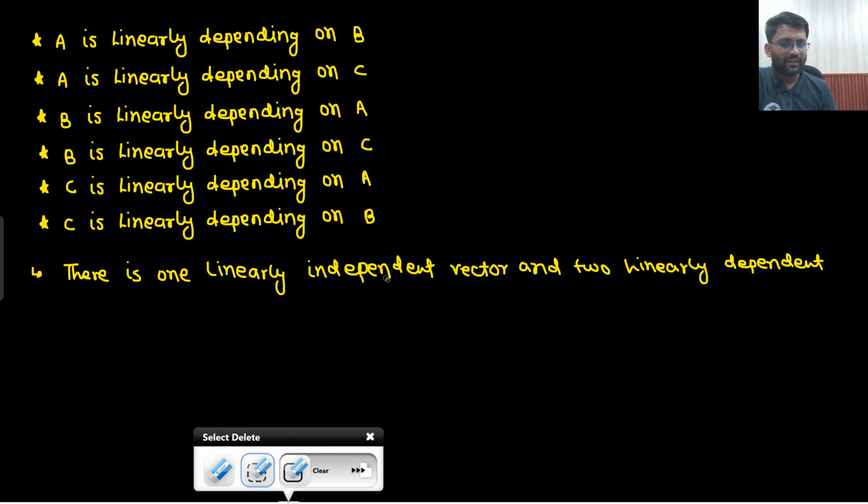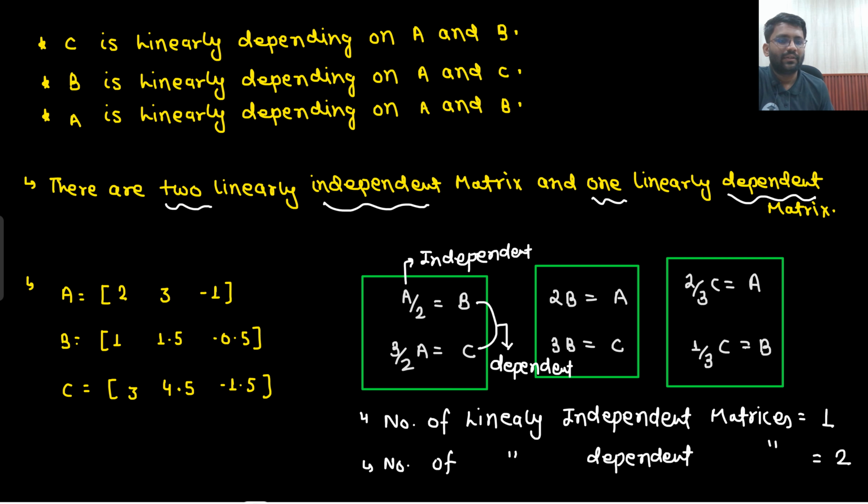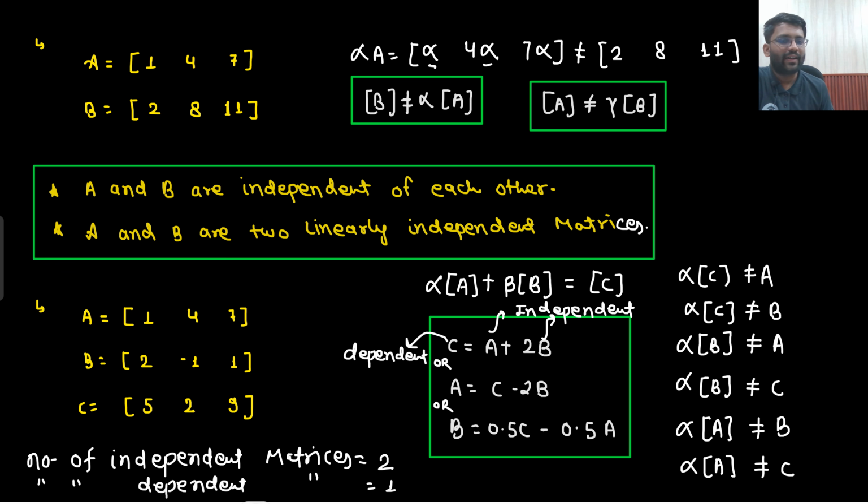There is only one linearly independent matrix and 2 linearly dependent matrices. So the word matrix you can replace with vector, but as of now these are matrices. Understandable? So you understood the meaning of linearity, and the meaning of linearly independent and dependent matrices as well.